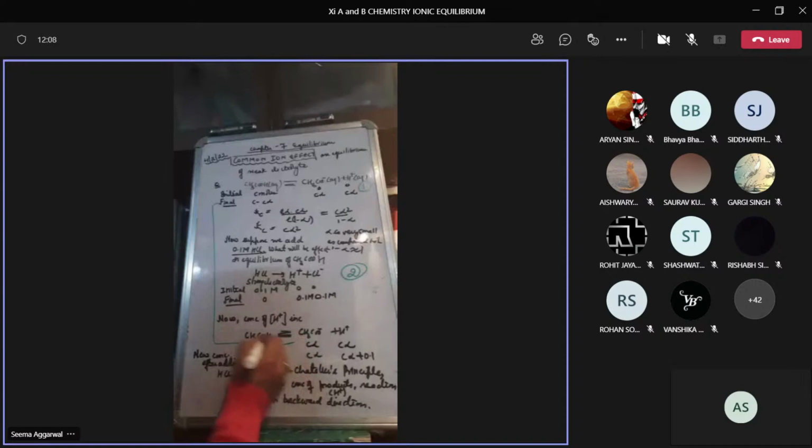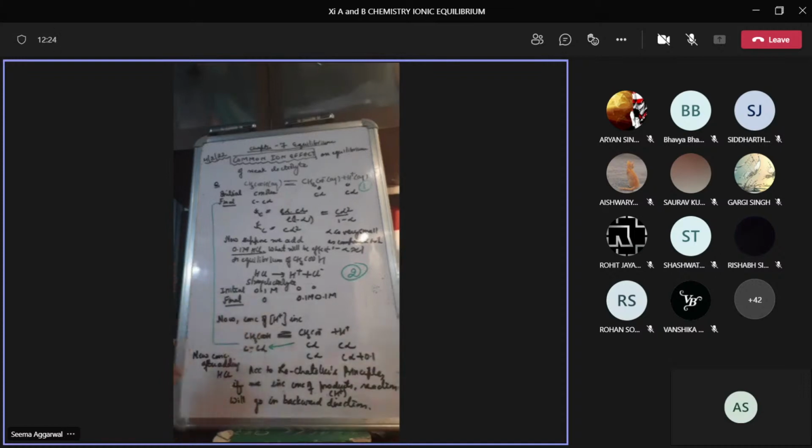Is the point clear? So now the new value will be changed because now the reaction is going in backward direction. So this point you have to keep in mind. And again, we can calculate the equilibrium constant. So further, I will be taking it in the form of a numerical only. Okay. I hope this topic is clear.